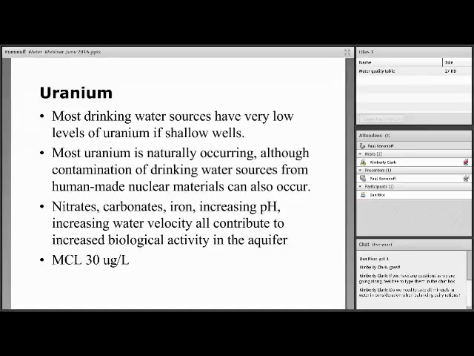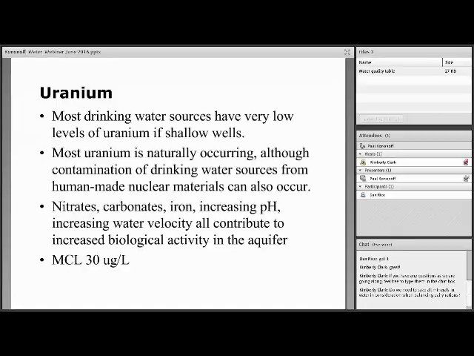The reality is, it's been known for a long time that we have some very low concentrations of uranium in our drinking water. We know this because uranium is naturally occurring, but we also know that we can have some contamination which could increase the concentrations of uranium in the water.